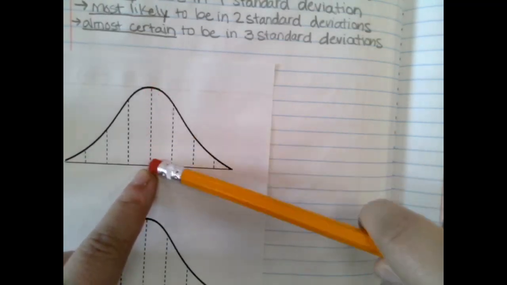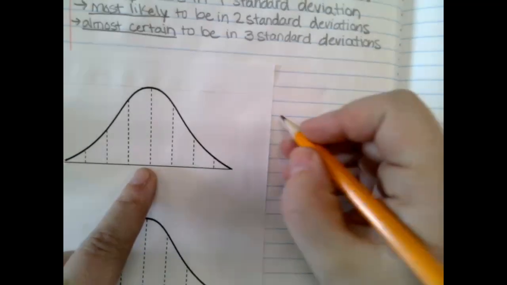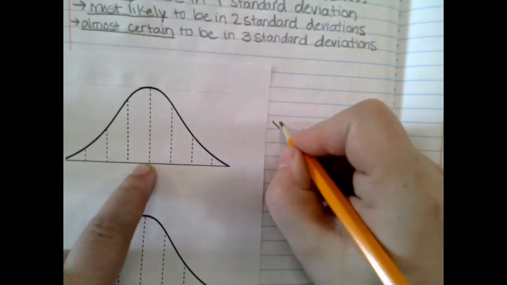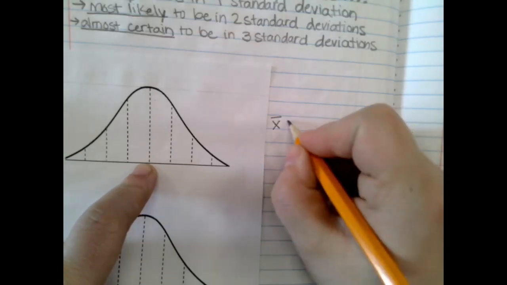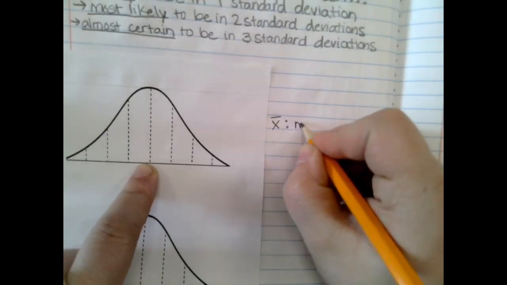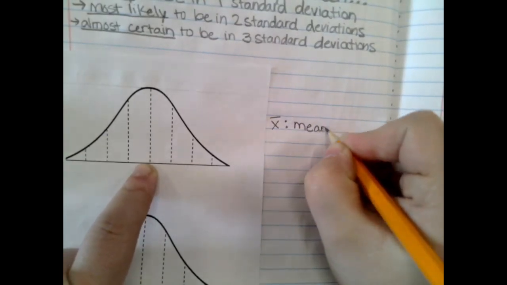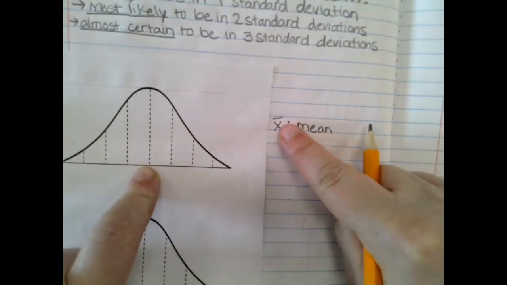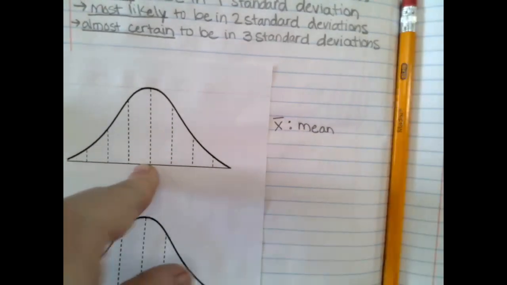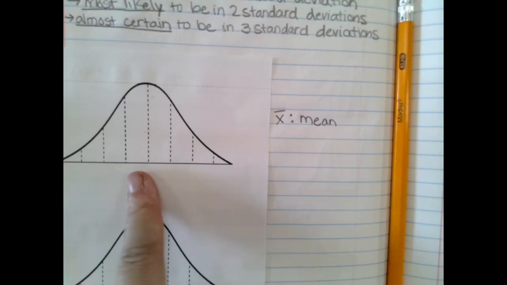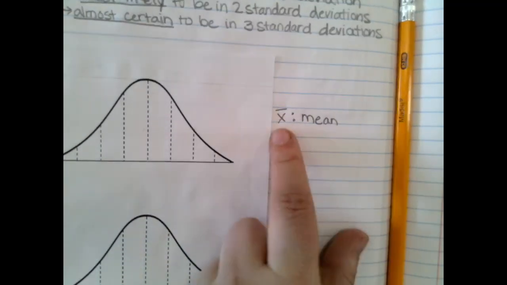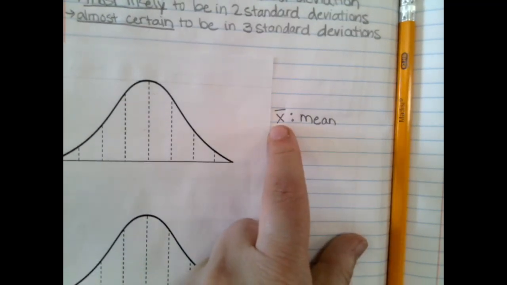Okay, so middle is mean, median, and mode. What we're going to focus on is the mean. Because we use mean so much in math, we have a special symbol for it. It's an X with a line above it. And because mathematicians are super creative humans, we call this X bar.